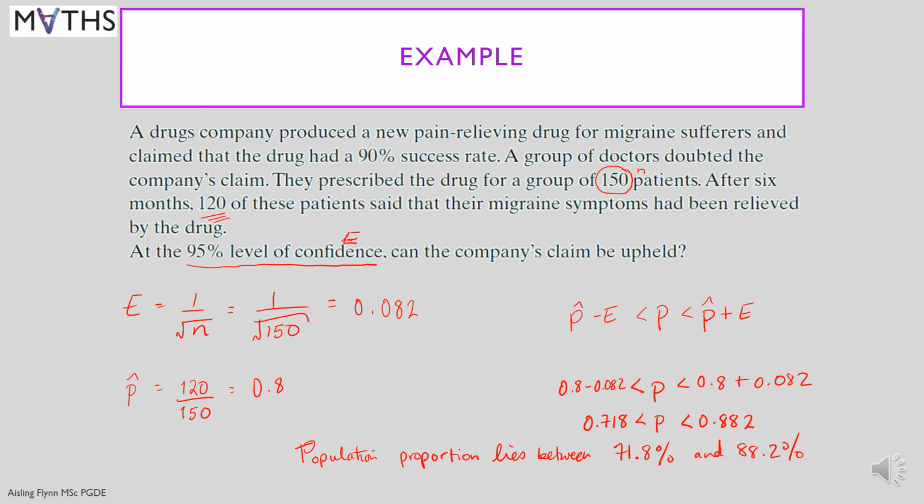Can the company's claim be upheld? Well, we're 95% confident that no, the company's claim is not upheld. Why? Because 90% is not within our confidence interval, it's outside of it, so they claimed too much.